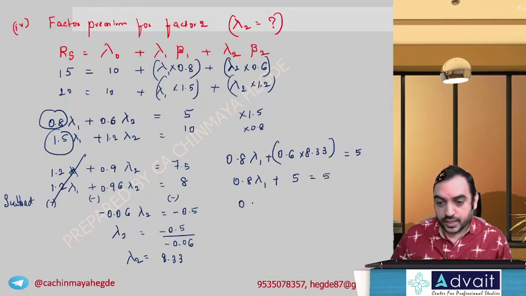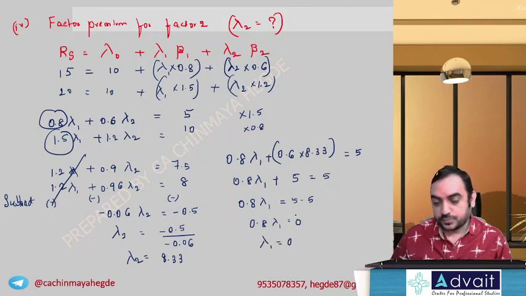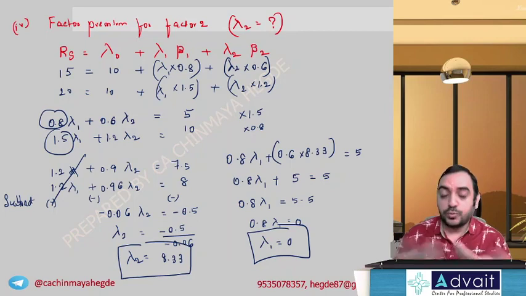So 0.8 lambda 1 equals 5 minus 5, which is 0. Therefore lambda 1 equals 0. They have not asked for lambda 1, but if they had, the answer would have been 0. So there is no impact actually. Everything is because of factor 2 only.